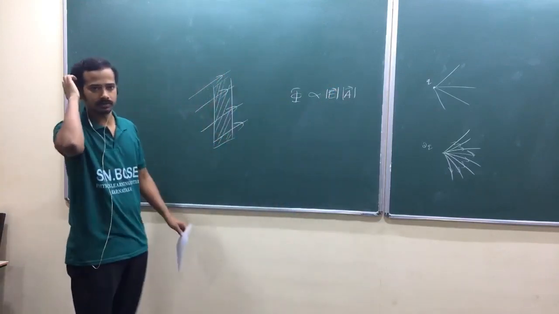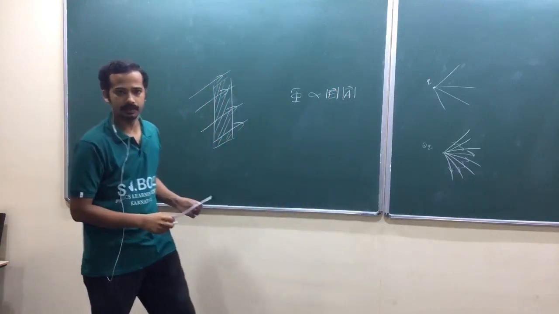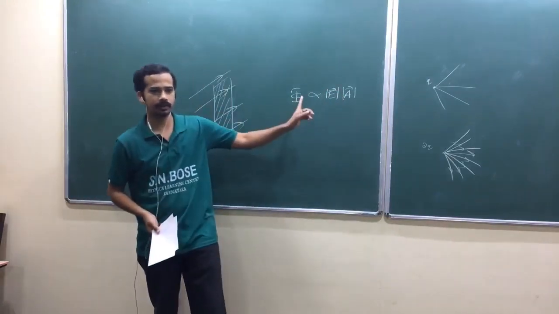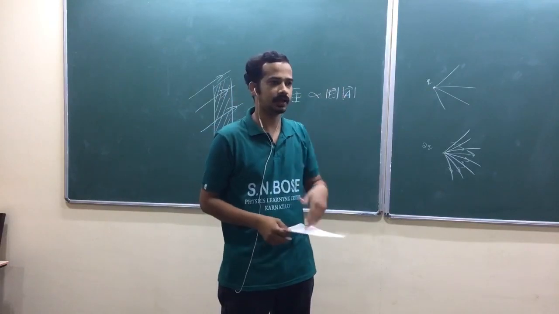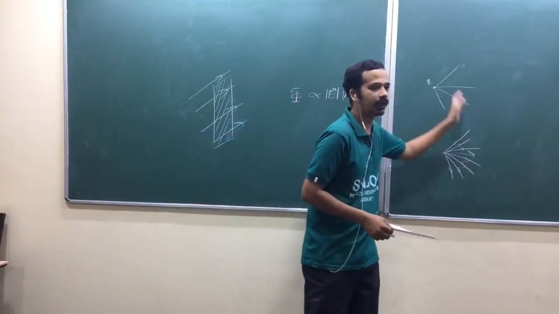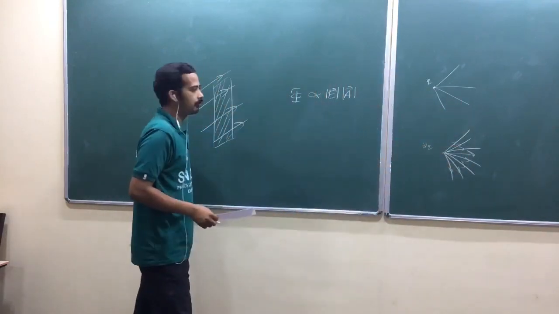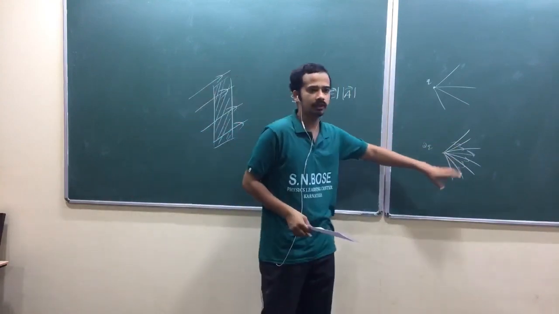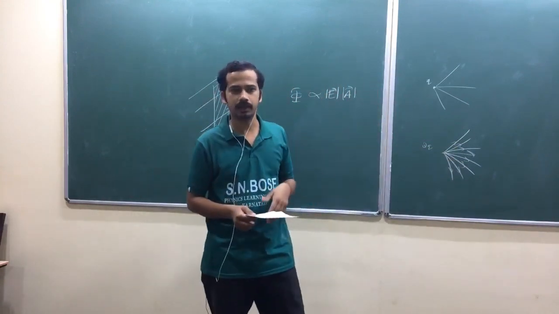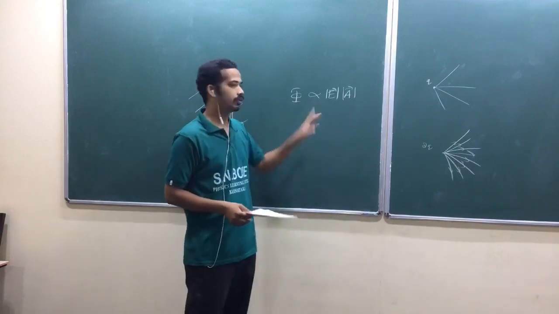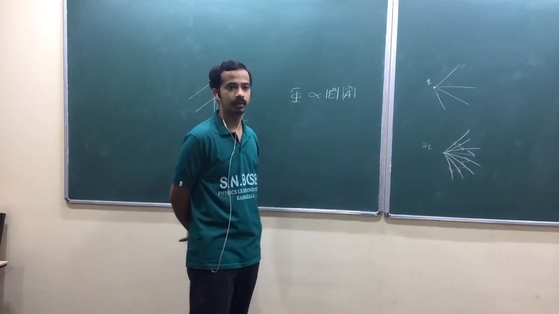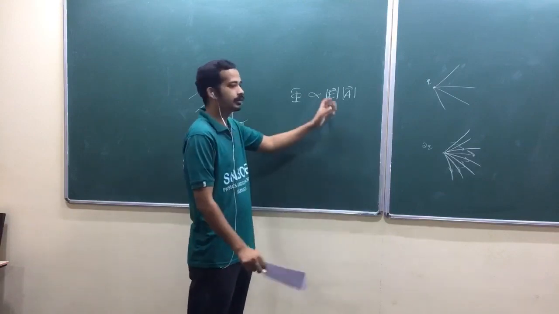The magnitude of the vector field talks about how many lines there are, the density of the field lines. If magnitude is more, density of field lines is more, so more field lines are passing through that. What we have here, flux is proportional to, so flux is a measure of how many field lines pass through this area.